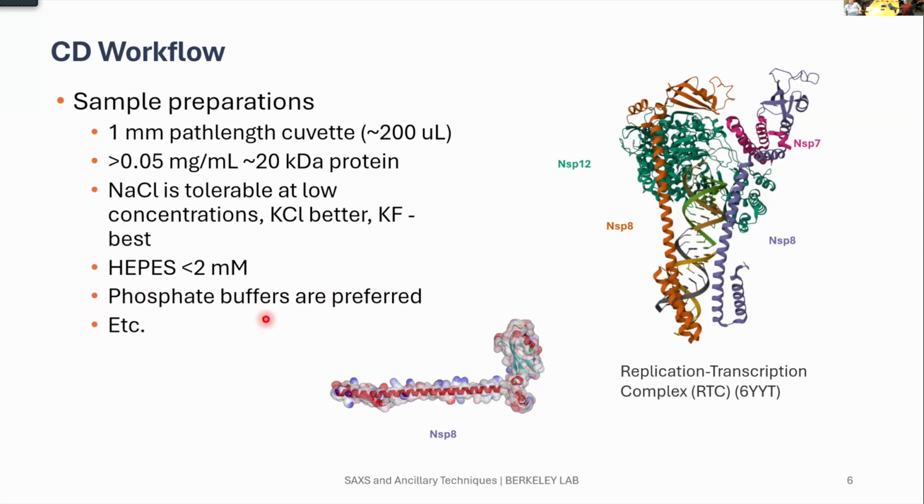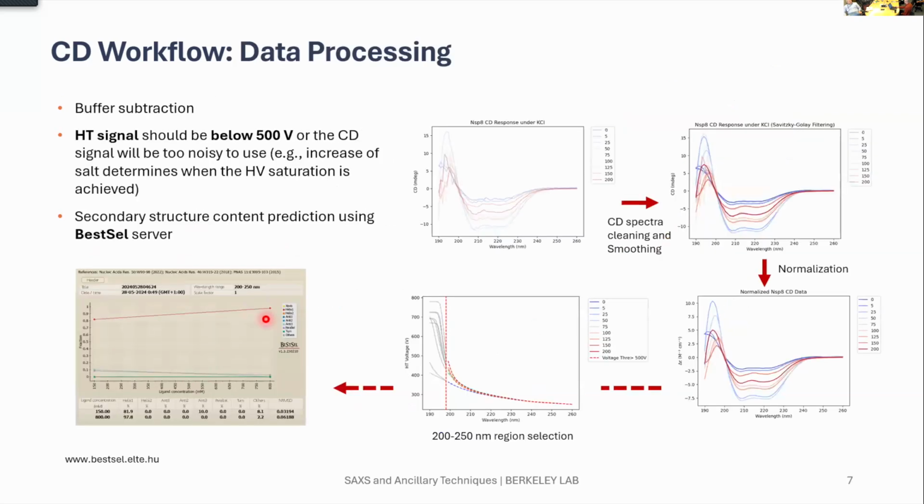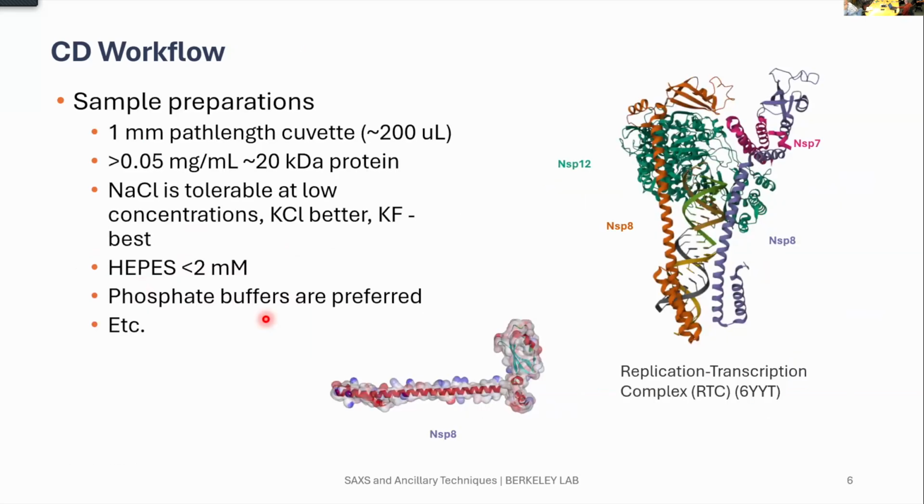And phosphate buffers are bad for SAXS, right? Yes, just for SEC.